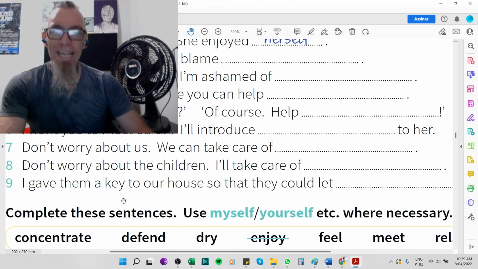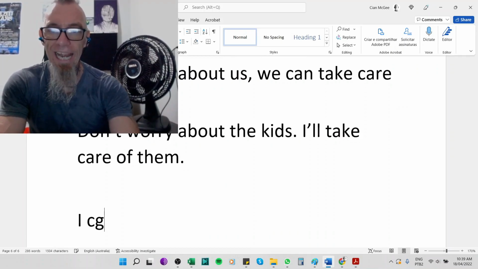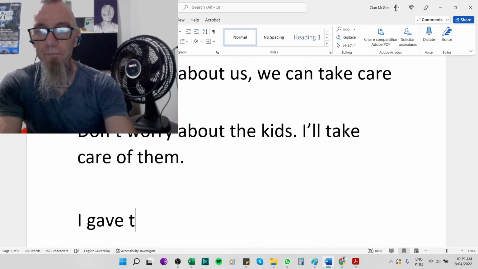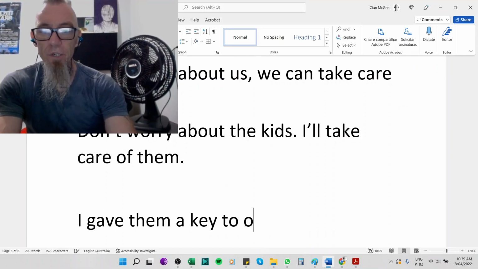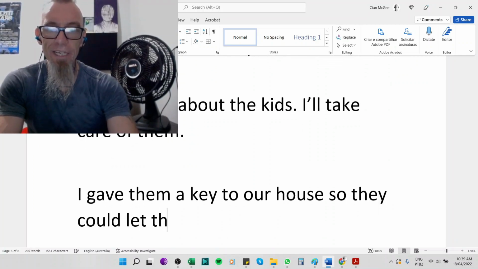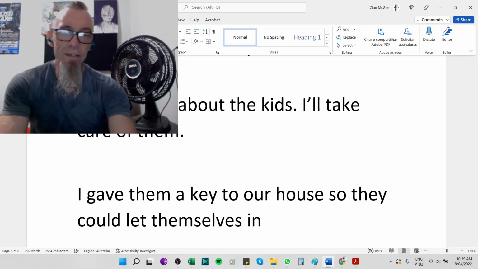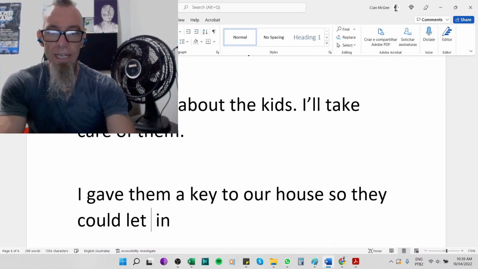I gave them a key to our house so that they could let, so in this case, themselves in. But here I can do many. So they could let us in. So they could let you in. So that they could let him in.